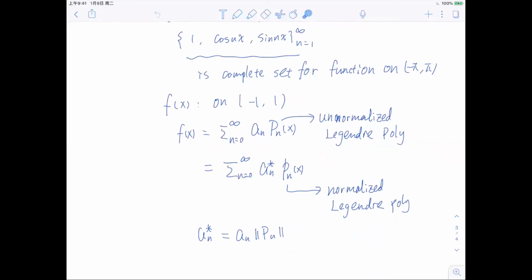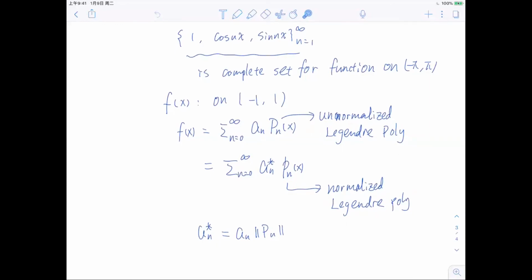And the Legendre series is like this: f(x) equals the summation from 0 to infinity of An times Pn, where An is a coefficient and Pn is the unnormalized Legendre polynomial, which is the same as the other form, the summation from 0 to infinity of an star times pn. The lowercase pn represents the normalized Legendre polynomial, and a star equals an times the norm of the unnormalized Legendre polynomial.